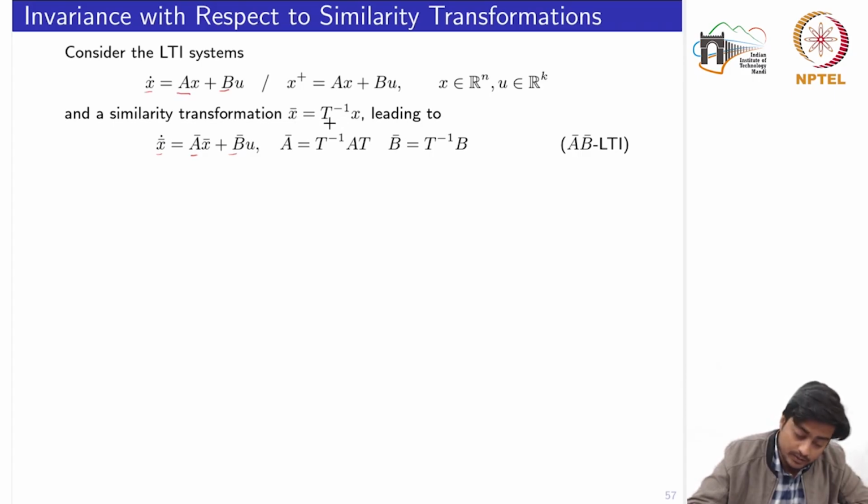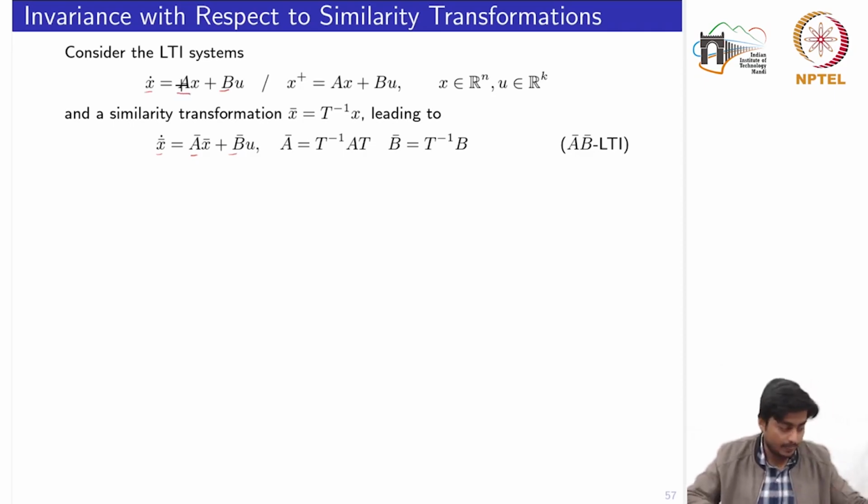If I put x is equal to T x bar into this equation, I would obtain this A bar, B bar. There is also a relation: A bar is equal to T inverse A T, and B bar is equal to T inverse B. We denote this one as the pair A bar, B bar of the LTI system, and this one is the pair A, B of the LTI.